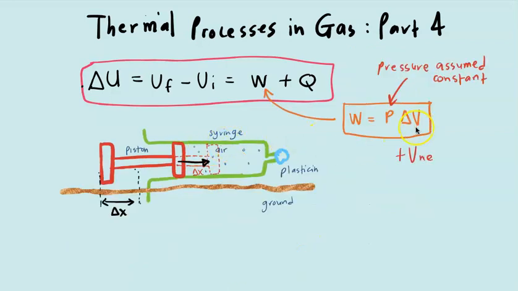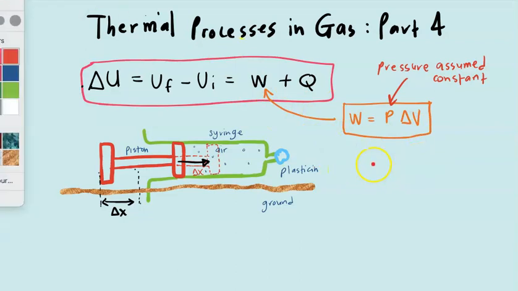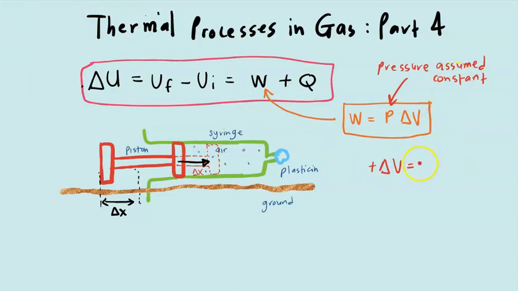Okay, so now let's talk about what happens when delta V is positive and when delta V is negative. So when delta V is positive, we are expecting that the V new must be greater than the V initial, right? Because V new minus V naught or V initial would be greater than 0.